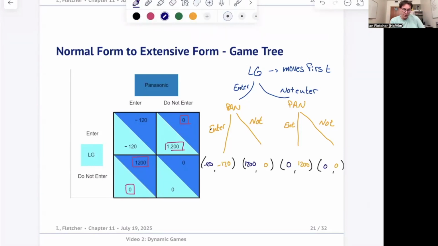And the way that we solve this is by what we call backwards induction. Let's first point out a couple things here. These components here are called decision nodes. Let me use maybe green, that would be better. Yeah, these green spots are called decision nodes. Decision nodes identify the player, so LG or Panasonic, that is making the decision at that moment in time.